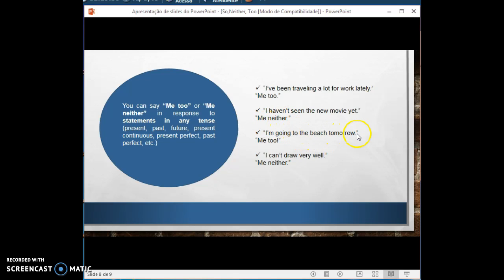"I'm going to the beach tomorrow." "Me too." "I can't draw very well." "Me neither." See that we have different tenses, but "me too" and "me neither" stay the same. Of course, they go alone. Me too with positive statements, me neither with negative statements.